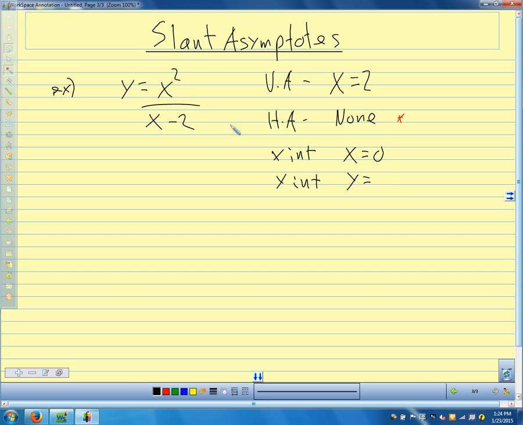If x equals 0, I get 0. So if the x-intercept is x equals 0 and the y-intercept is y equals 0, what point does that tell us this graph goes through? It goes through the origin, the point 0, 0.